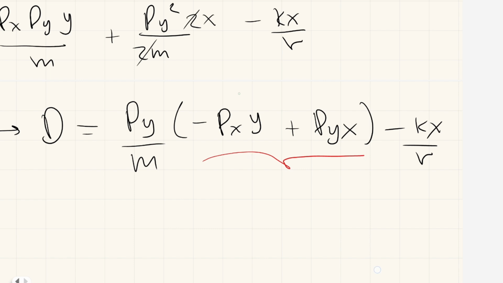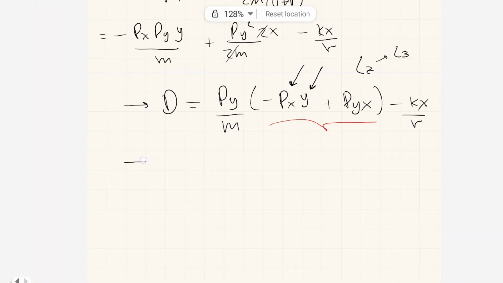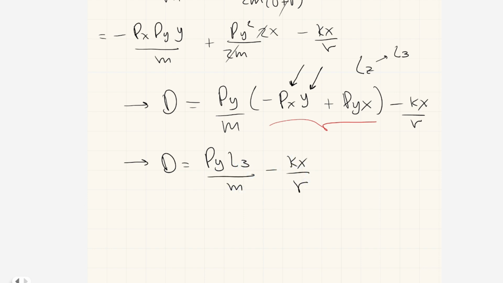Recall, this is the x component of the linear momentum times the y component of the position vector. So remember that the angular momentum is the cross product between the position vector and the linear momentum. So this corresponds to the z component of the angular momentum, let's say the Lz or maybe the L3 component. So this means that d is equal to py L3 divided by m minus kx divided by r.